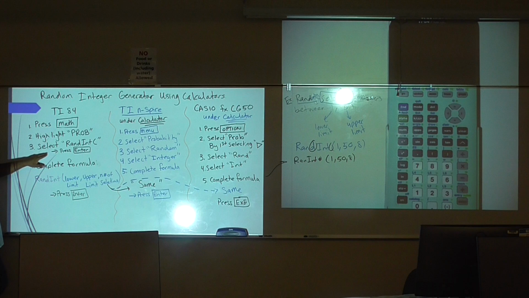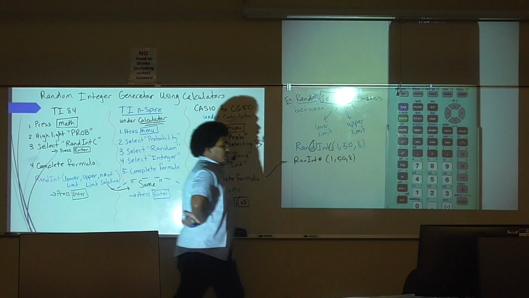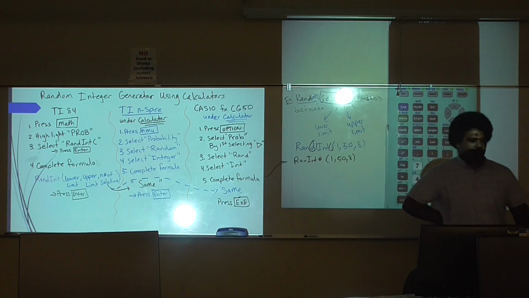After that, we'll select the randInt function and press enter. Then we complete the formula that we already wrote on the board, press enter, and see what it gives us. That's what we're going to do using the TI-84.